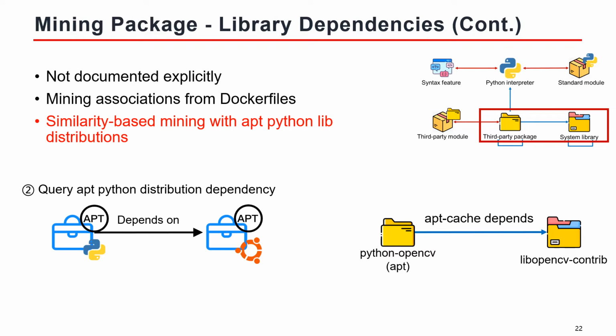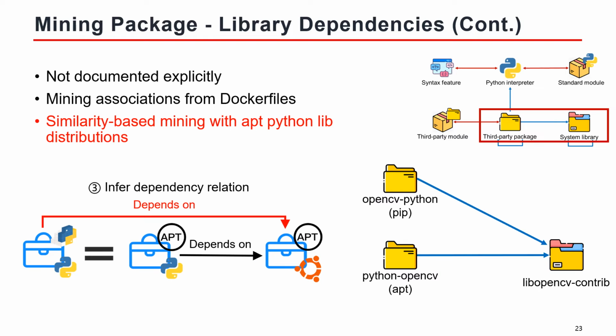And the system-level dependencies of apt installable distributions can be obtained through executing the apt commands. Thus, if an apt installable package depends on a set of system libraries, it is highly likely that the similar pip installable one depends on those system libraries too.